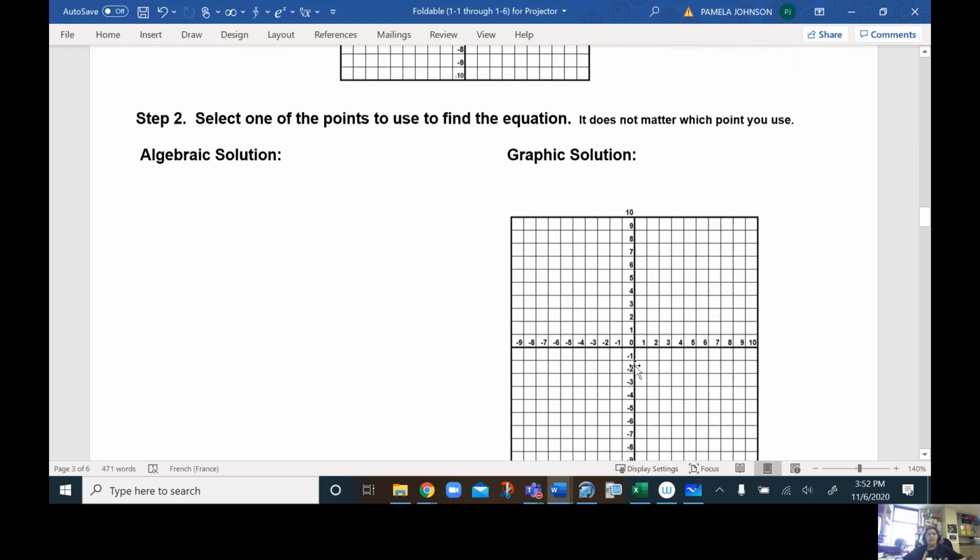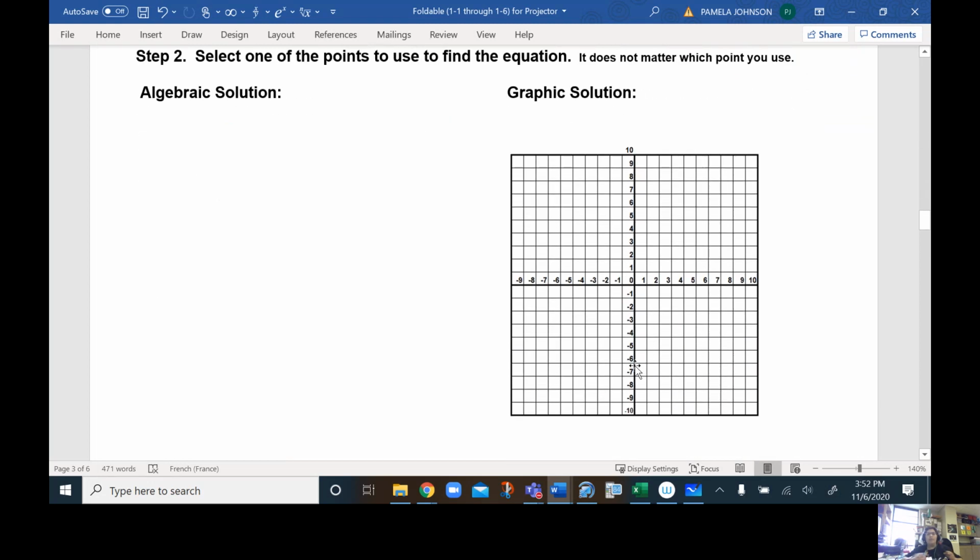All right. So then the next thing we're going to do is select one of those points to use to find the equation. Just so that I don't have a lot of negative stuff going on, I'm going to use the point 4, 2. We're going to use our point slope formula. This is the one that we learned back on flap 2. So y minus y1 equals m times x minus x1.